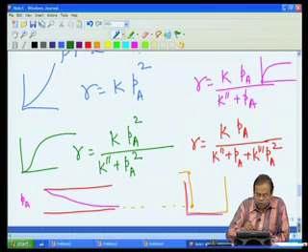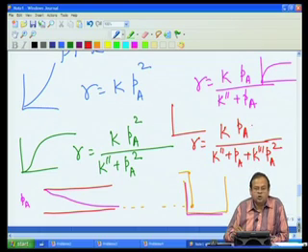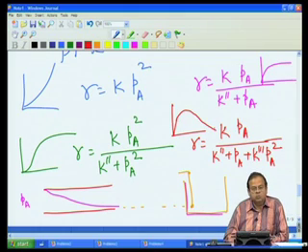But what about the fourth reaction? The fourth one, you see numerator is going first order in partial pressure, the denominator is going in the second order. So, initially rate will increase, but as partial pressure increases, what will happen to the rate? At very high partial pressure, rate will be inversely proportional to the partial pressure. So, rate will go down.